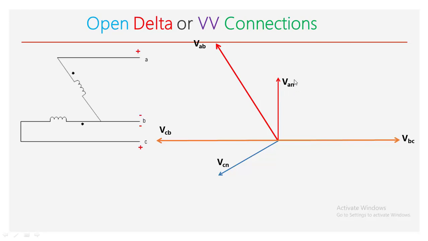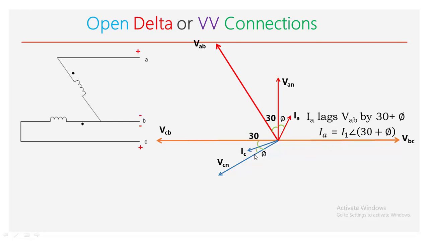The currents produced by the phases VAN and VCN lag by an angle phi with respect to the corresponding phase voltages. The angle between IA and VAB is 30 plus phi, hence we can tell that IA lags VAB by 30 plus phi. The current IA can be written as IA is equal to I1 at an angle of minus (30 plus phi).